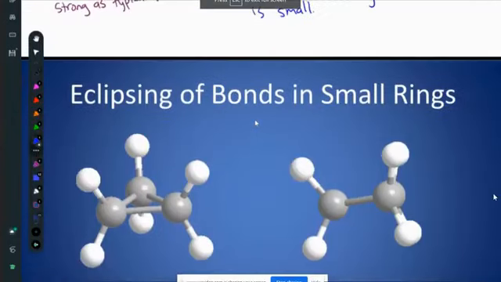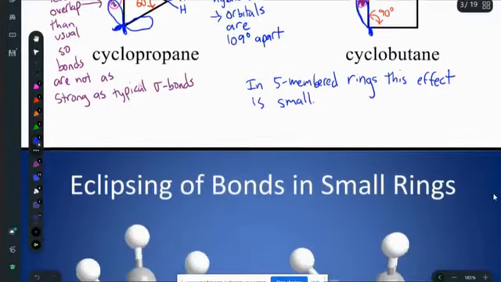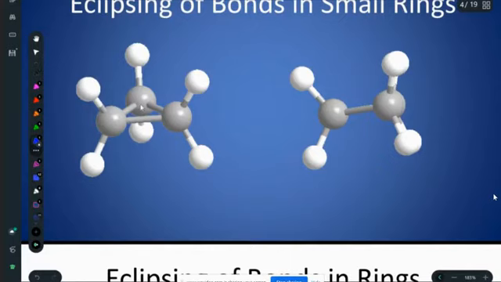The second reason that these rings are relatively unstable is your bonds end up eclipsed. So here I have a model of a three-membered ring, and notice the three-membered ring, those three atoms are perfectly eclipsed. On the right, I've shown a different view where I've rotated my view, and notice that on the right, that bond is perfectly eclipsed.